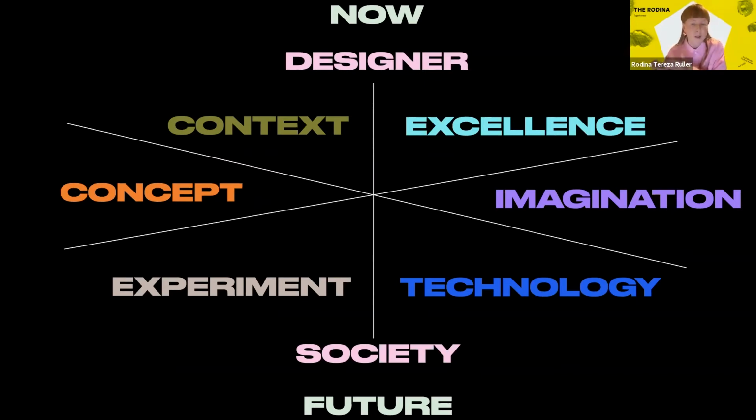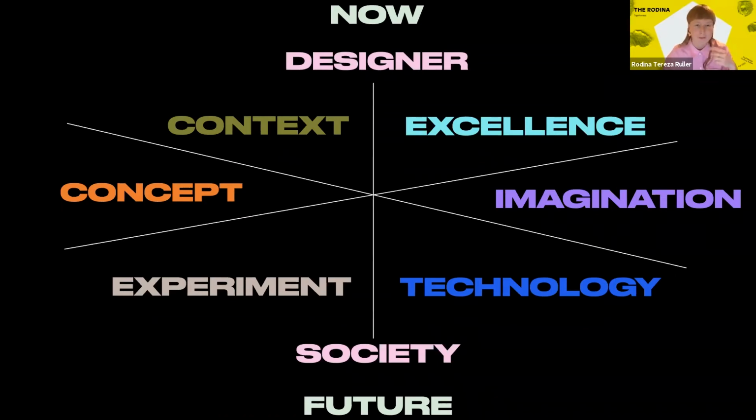Use your imagination, technology, but still be positioned in your context, in the time and space where you belong, right? Could be quite exciting to do these kinds of projects. What I'm trying to say is everyone can make their own diagram as an exercise, and that would be quite interesting. What kind of values, what kind of highlights and keywords would you put into this? For us right now, it's about the future and how we as designers contribute to society.